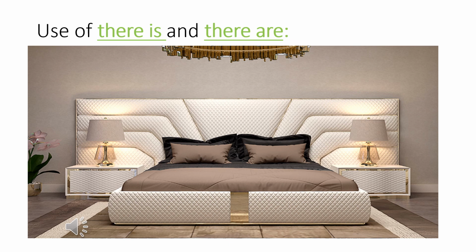Okay, let's look at this diagram. This is a bedroom, and they have told us to use there is and there are to make sentences. 1. What things do you see in the bedroom here? Bed. That's good. What else do you see?